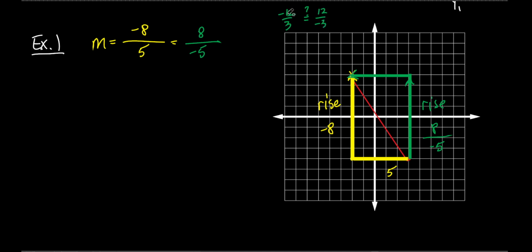Sure it is, because negative 12 over 3 is negative 4, isn't it? And 12 over negative 3 is also negative 4, okay? It doesn't matter if the negative's on the top or the bottom, or we could put the negative right out front, like this.